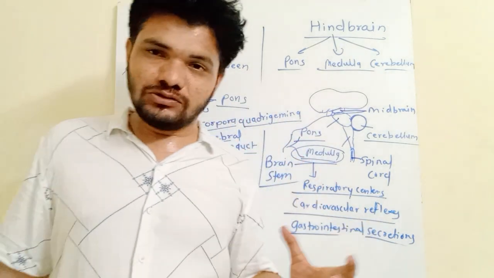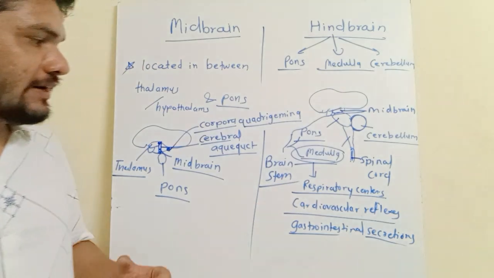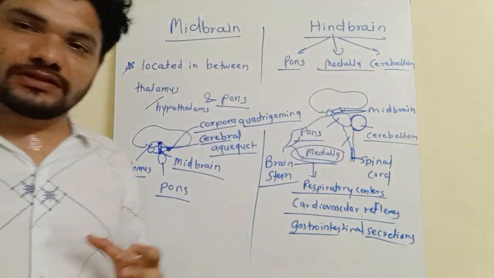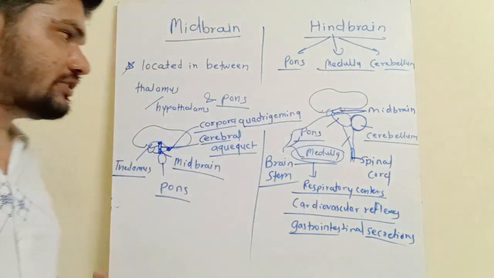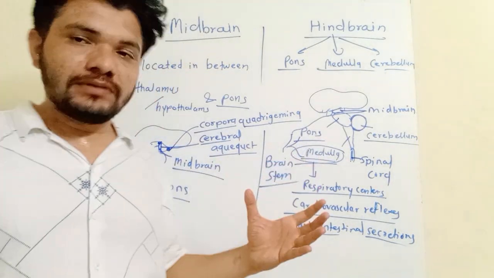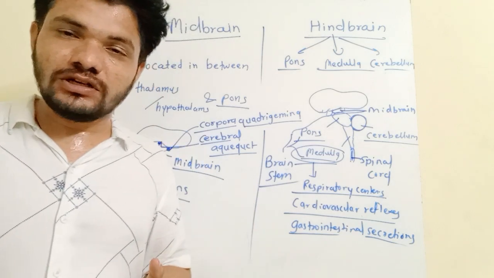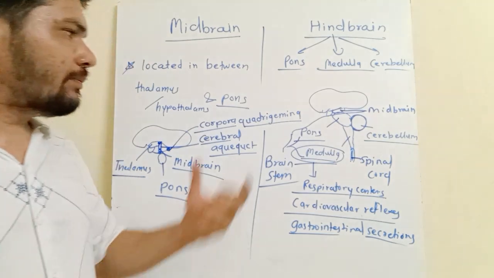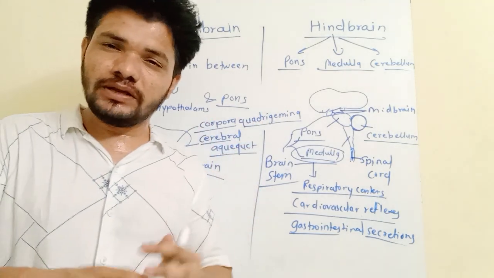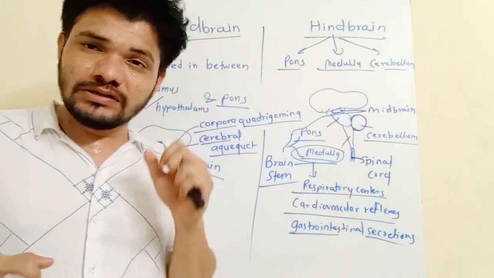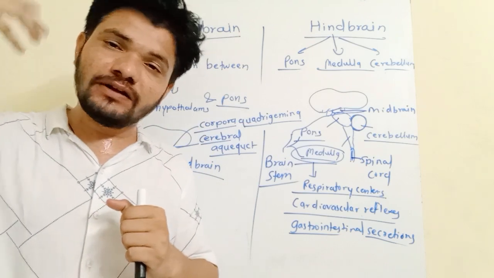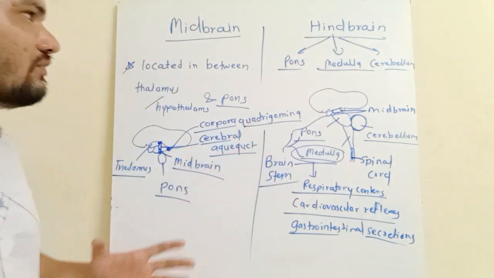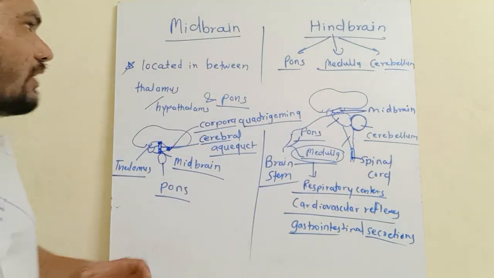Mainly medulla is doing so much here: respiratory centers, cardiovascular reflexes, and helping in gastrointestinal secretions. Cerebellum is providing so much space for additional neurons, being a very convoluted structure, and pons has many nerve fibers, which help different parts of the brain connect and coordinate with each other. So these are the functions and structure of hindbrain and midbrain.